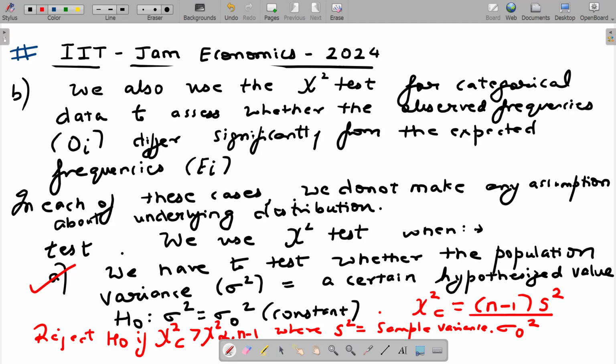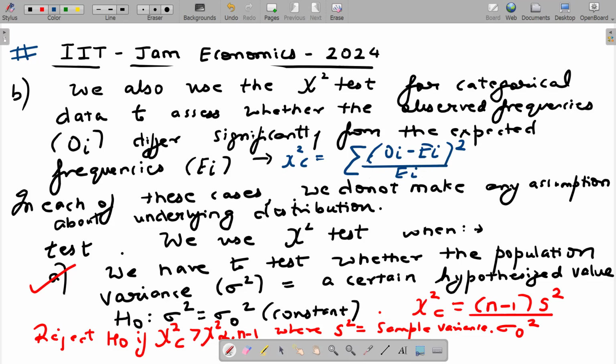Okay, and similarly for point B, we calculate something called the chi-square computed value, which is nothing but summation (OI minus EI) square divided by EI, where OI is my observed frequency and EI is my expected frequency.